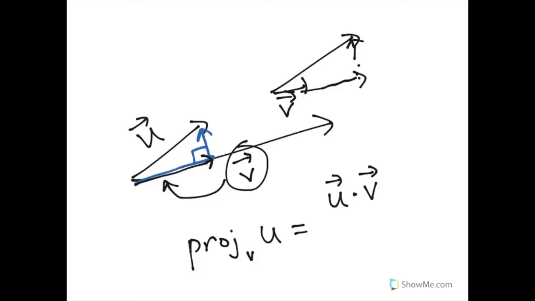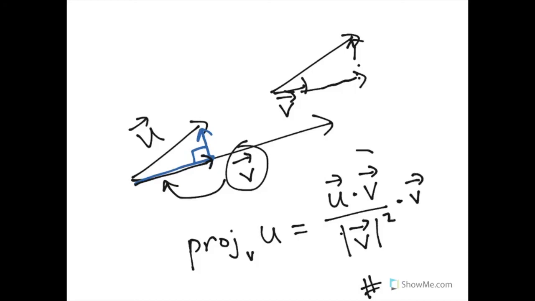Again, these are vectors, so you should expect to get a number on the top when you take their dot product, divided by the magnitude of v squared. Notice this whole thing should just be one big number, because it's a dot product on the top and a number on the bottom, and then you multiply by the vector v.